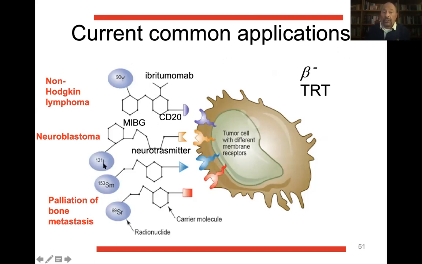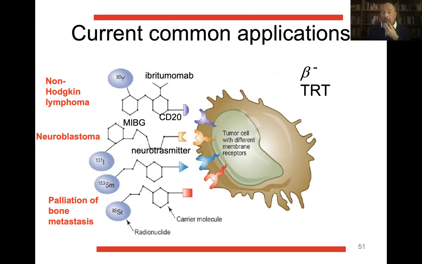Neuroblastoma, where you can use iodine and a neurotransmitter because the neuroblastoma have these receptors for neurotransmitters. And then you have the palliation of bone metastasis. These are molecules that target the metastasis. They are generally palliative because you will need a dose which is too high to kill them, but this is very much used. And all of these molecules here are beta minus emitters.